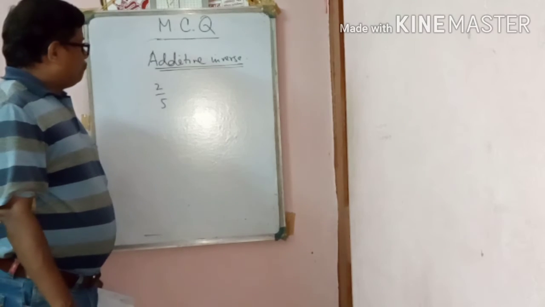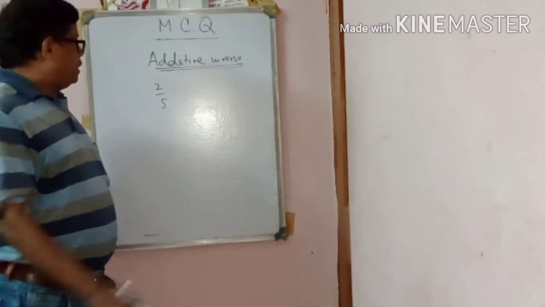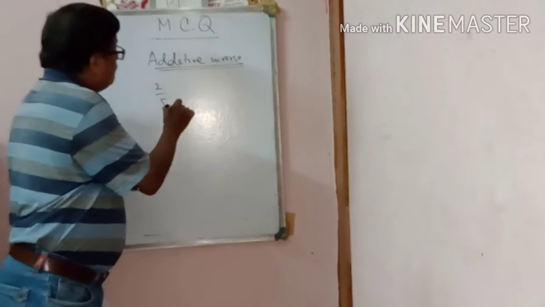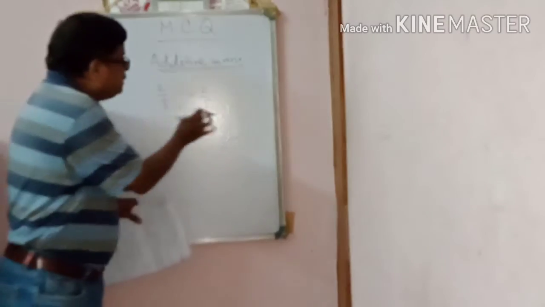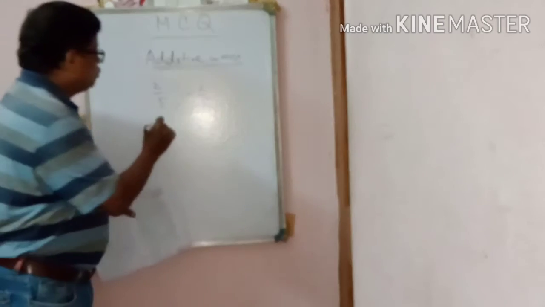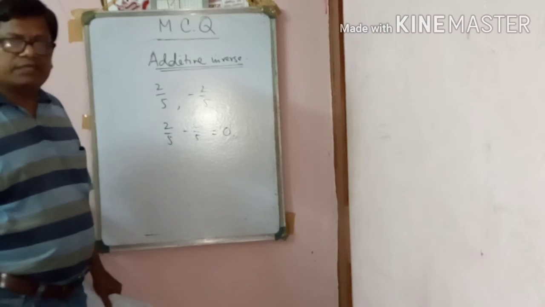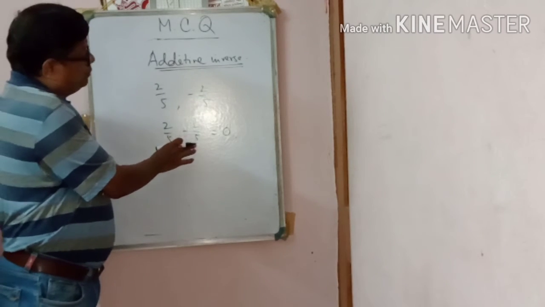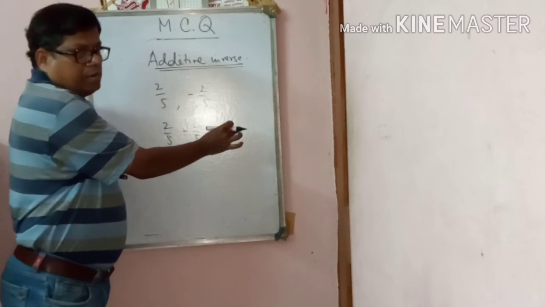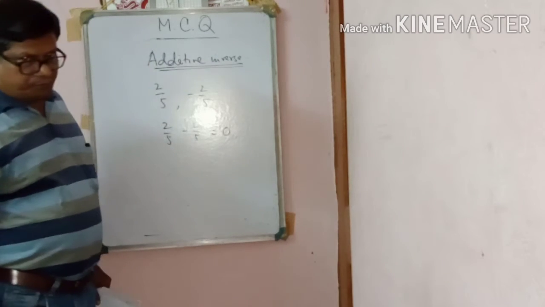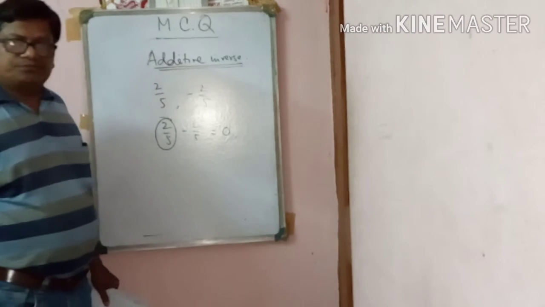If we take another rational number, suppose minus 2 by 5, also a negative rational number, and add these two, what is the result? 0. So 2 by 5 minus 2 by 5 equals 0. This is the additive identity 0.